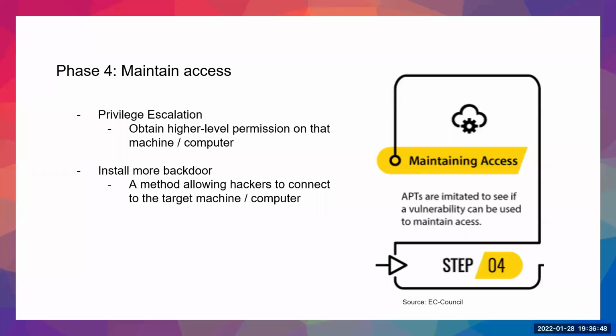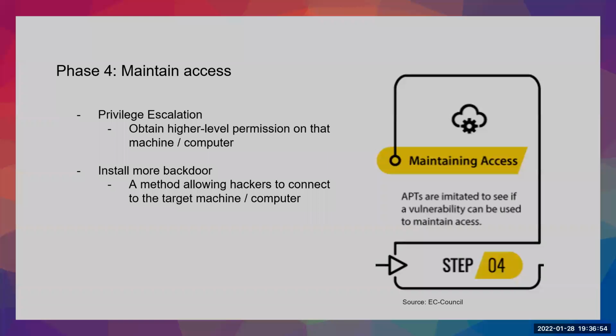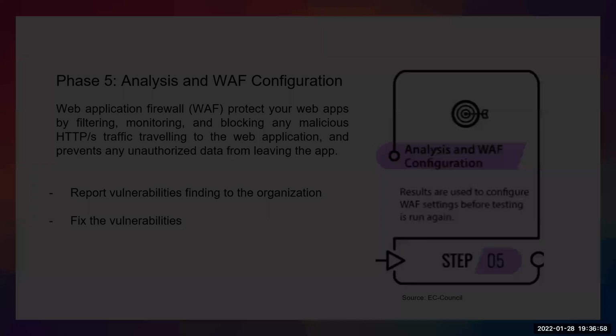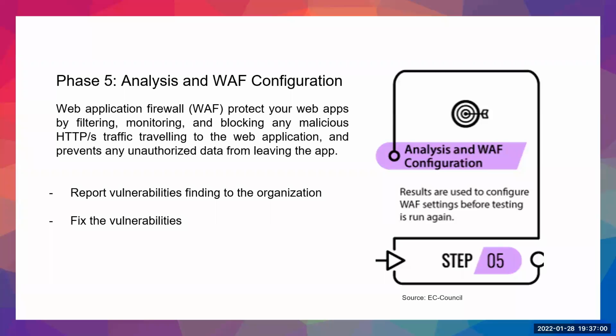After we have done all these processes, we will need to do various analysis and maybe configuration to see if there's any way we can use to protect the website. So things like maybe firewalls, monitoring or blocking traffic, etc. to see if all this works to prevent the vulnerabilities.